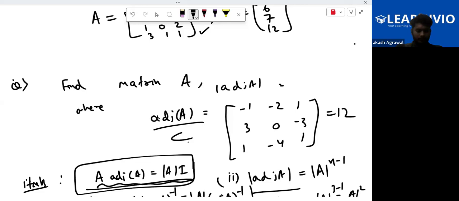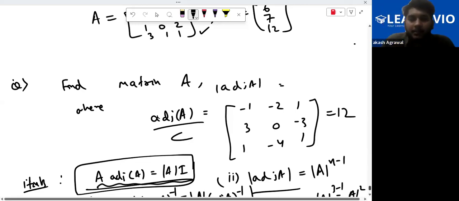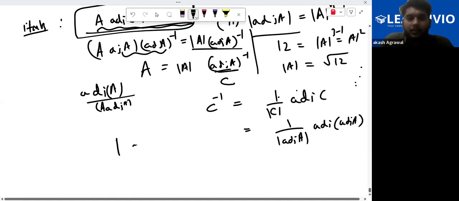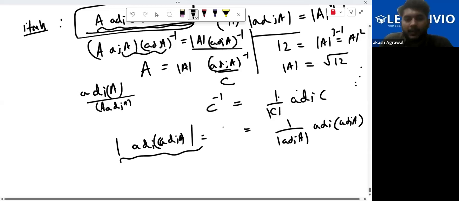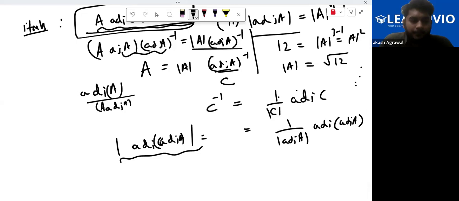Do we have a formula for this to find the adjoint of A? But that is for determinant, right? Determinant of adjoint of A, not finding inverse, right? This formula is for finding determinant, but what you have to find is inverse. Okay. Yes, sir.